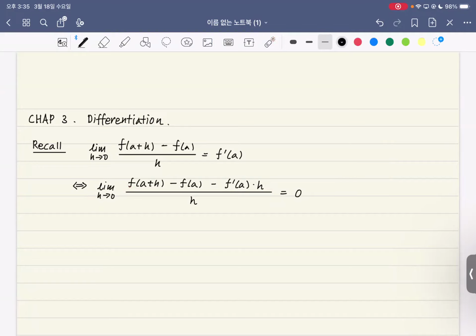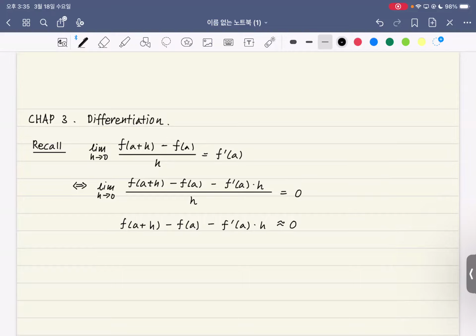Therefore, f(a+h) minus f(a) minus f'(a) times h is almost equal to 0.